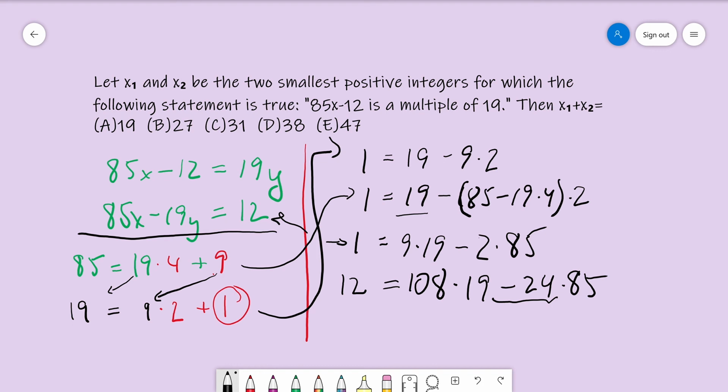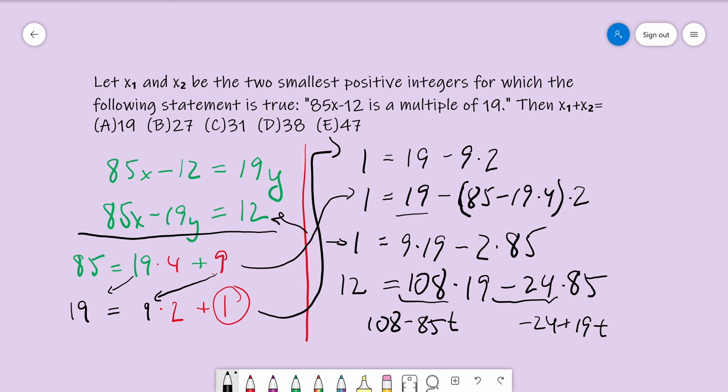Well, remember that in order to find more solutions, you can take your x and y, in this case negative 24 and 108, and to x we can add multiples of 19 as long as to our y we subtract the same multiple of 85. That way we'll just be adding 19 times 85 and subtracting 19 times 85, and that's like adding 0. So the answer will still be 12.